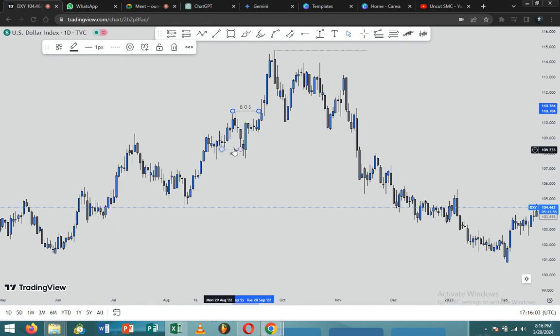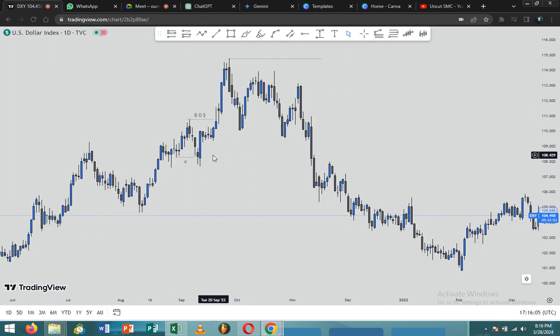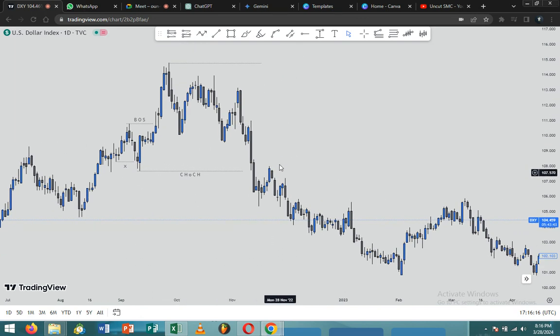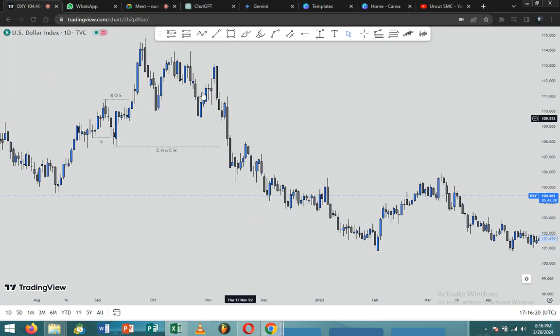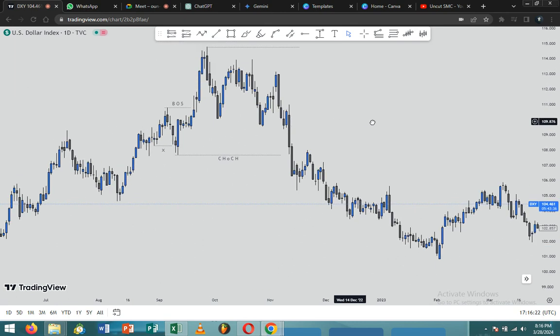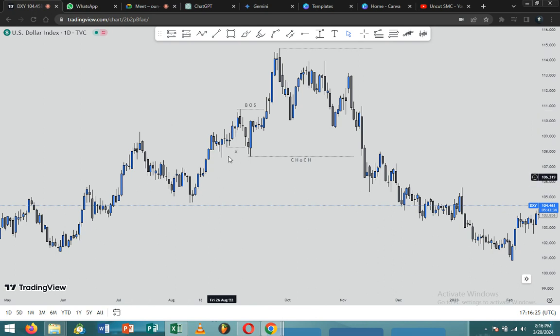With that breakout structure, you see price takes out this low, and therefore we get what we call a change of character. With that change of character, we want to see if we have some more structures behind here. So let's check and see. Before this breakout structure, do we have any other structure?